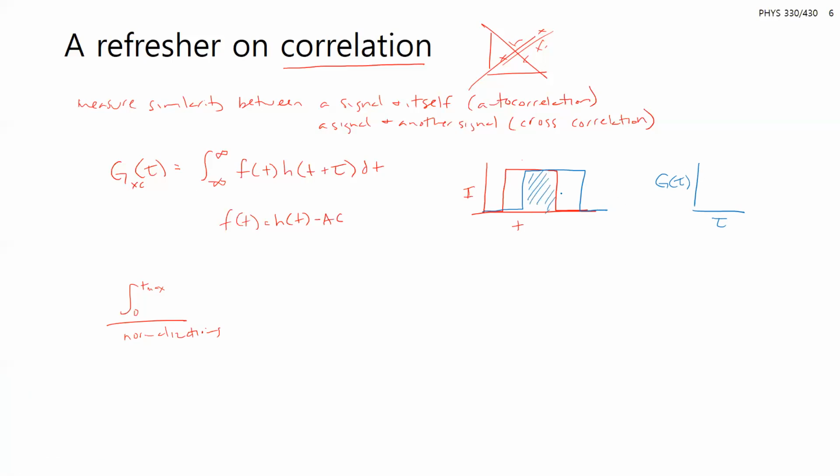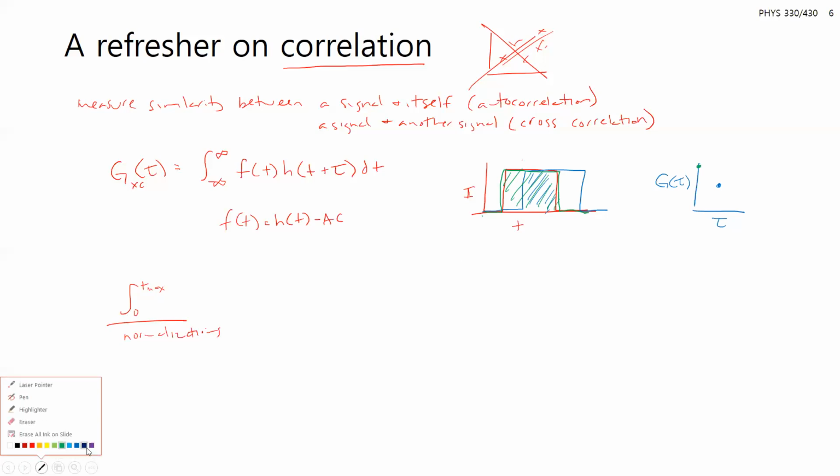That's what the multiplication is doing, and you would get a single value for this overlap. It's always at the maximum when you have a value of tau of 0, because you have that complete overlap. So you'll start at 1 here.